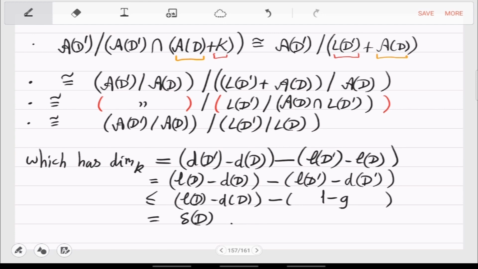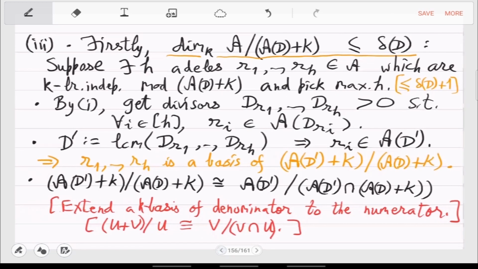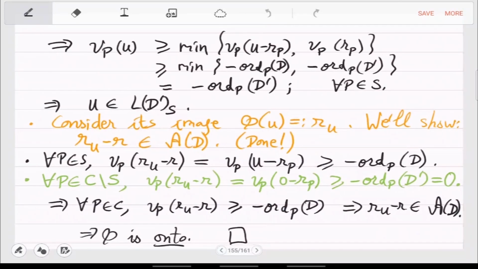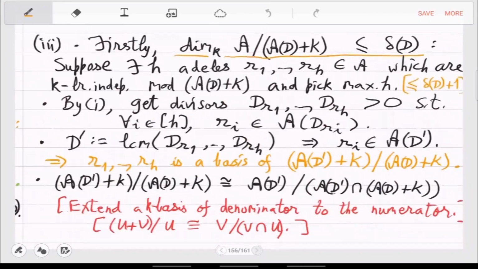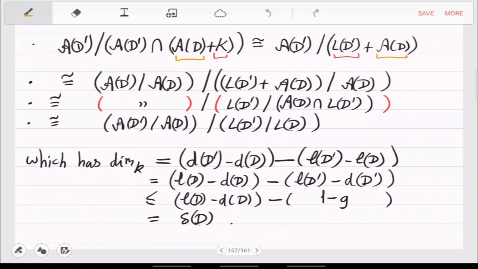Is there a mistake in this? I think I made a mistake in this comment. It's not 1 minus G, it's G minus 1. So LD minus DD plus G minus 1.